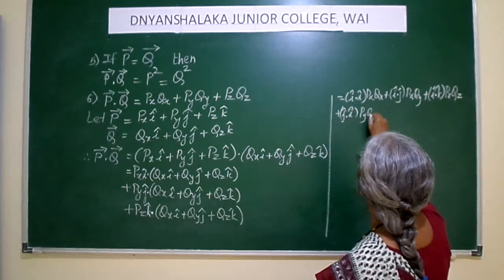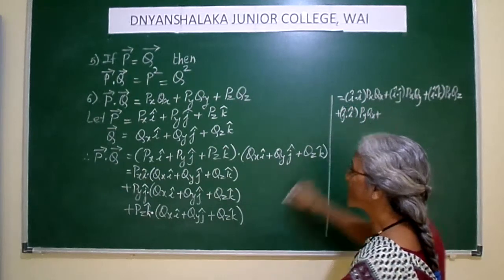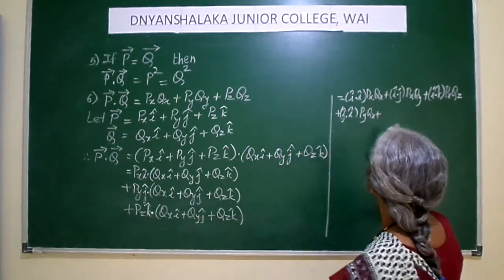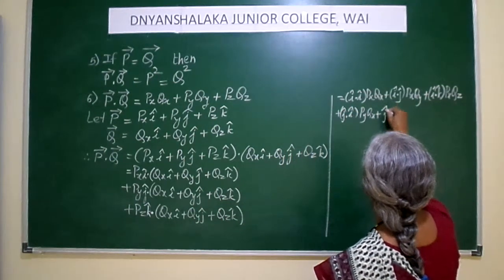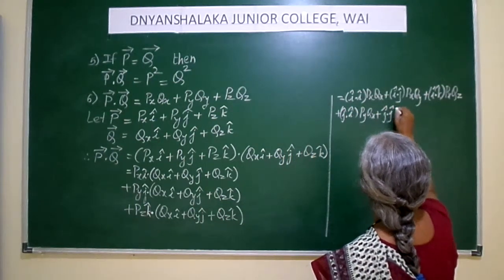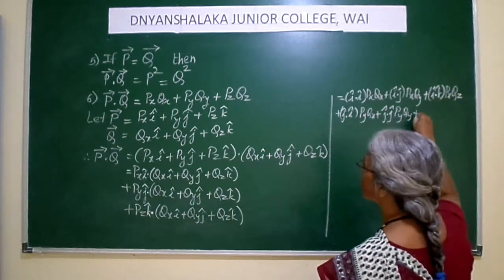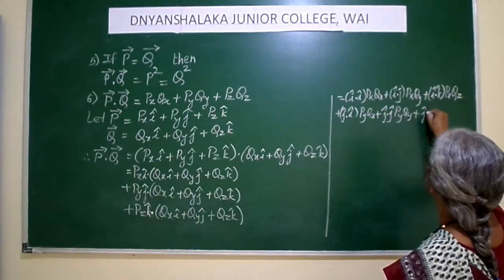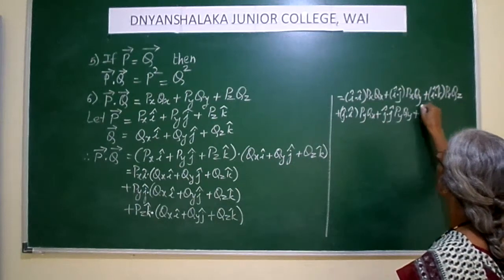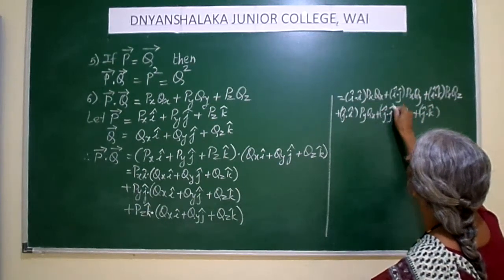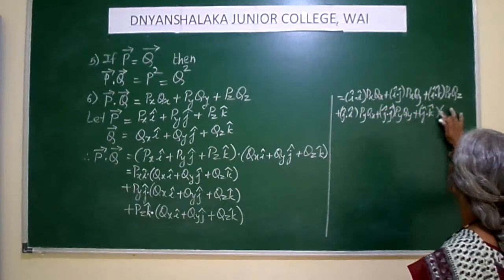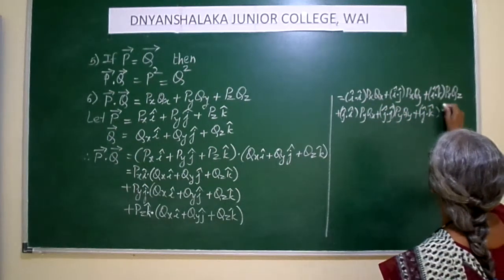Py Qx plus vector j dot vector j, vector j dot vector j into Py Qy plus vector j dot vector k into, what will come next, children? Into what is the term? Py Qz.